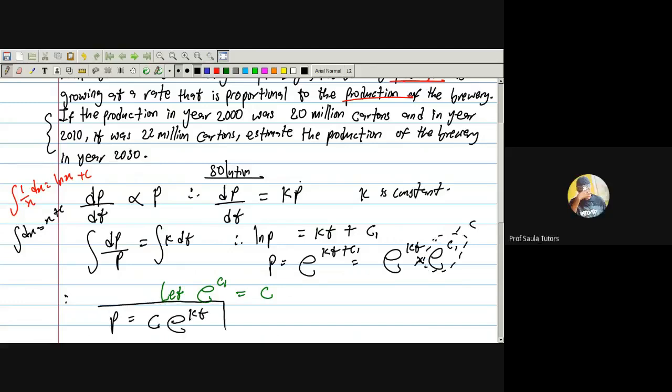So this is a general solution. This type of solution is what we call a general solution. Why? It is a solution that contains an arbitrary constant.